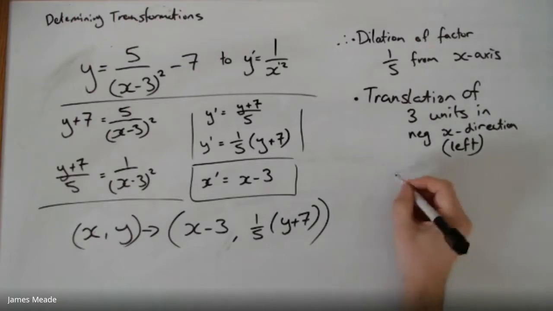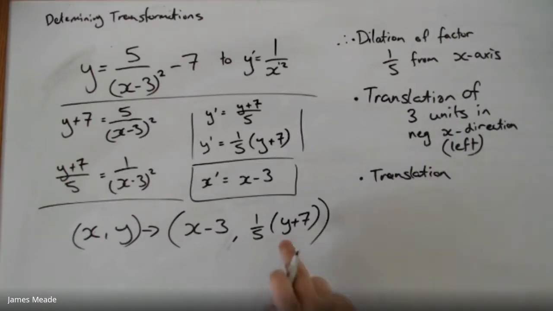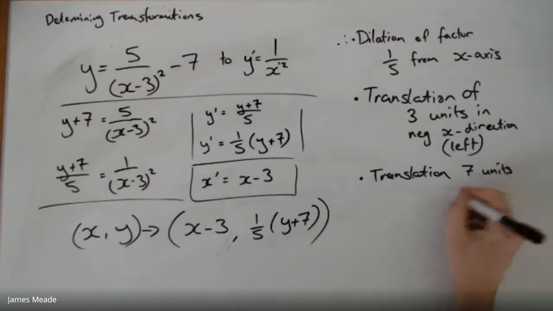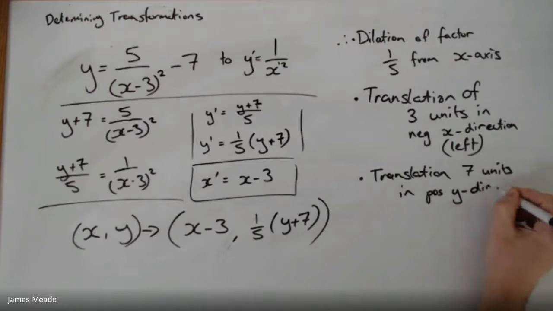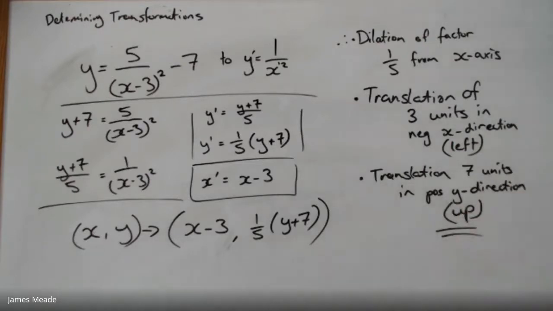And then we've got a translation of this 7 here, 7 units in the positive y direction, which is up. Okay.